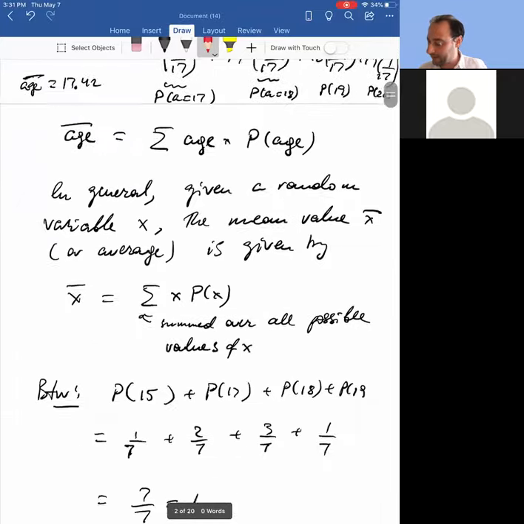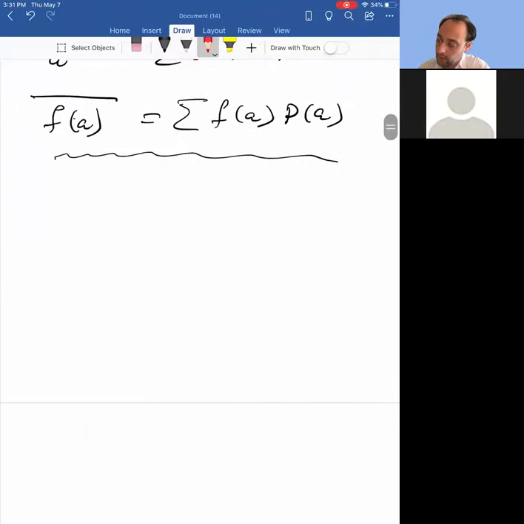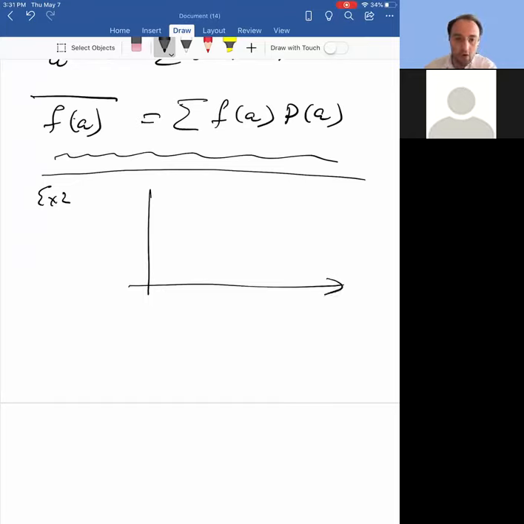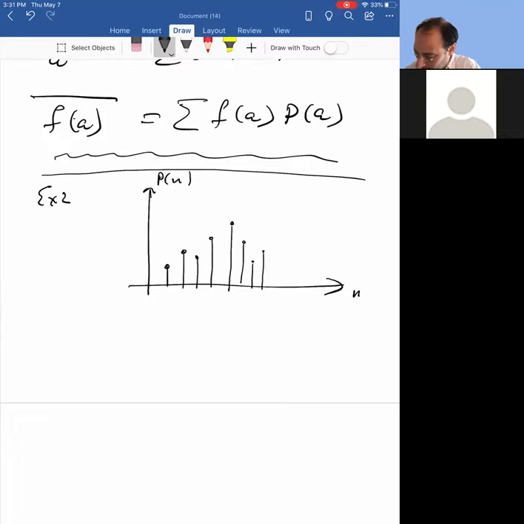Let's say I gave you another distribution, example 2, and I'm just going to draw it. So this is n, and this is p of n. I'm not telling you what that n is. Let's say it looked something like this, maybe lower, then higher, then lower.